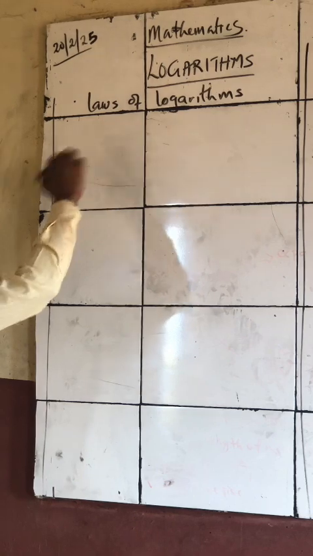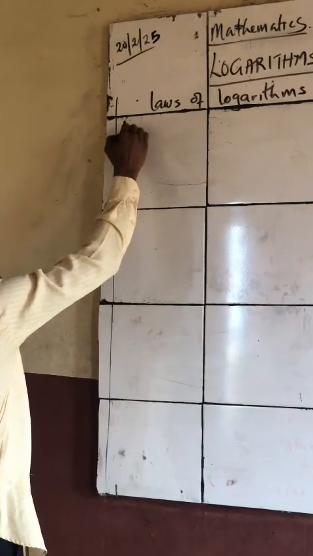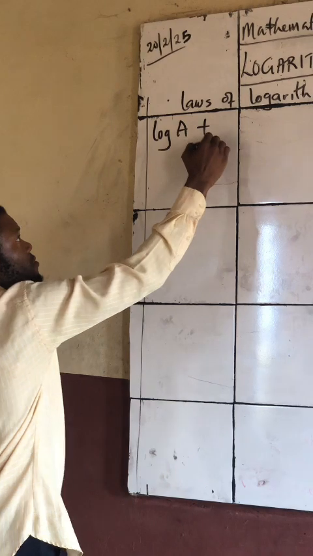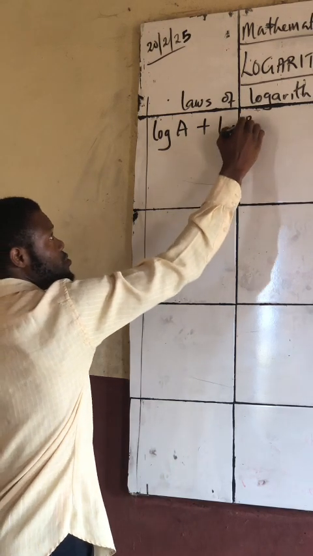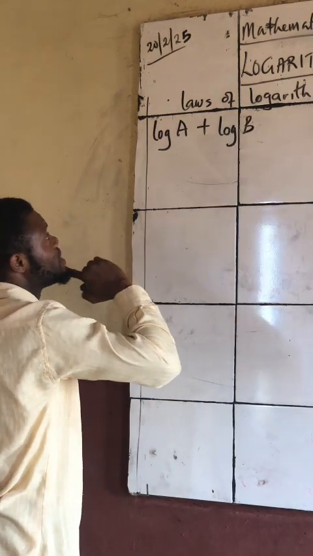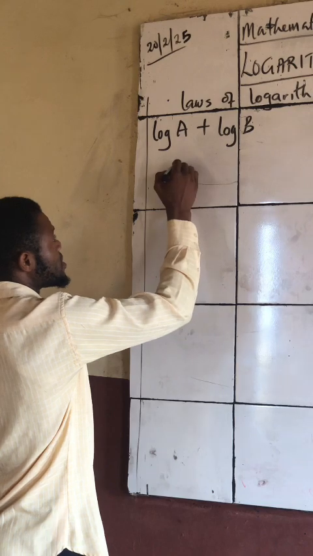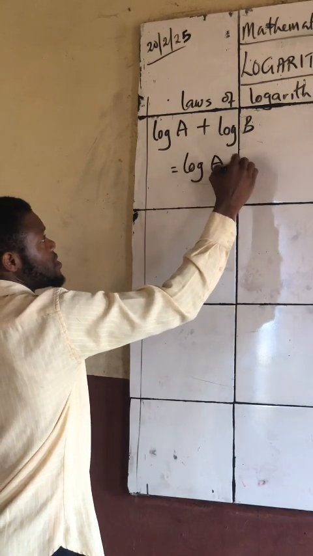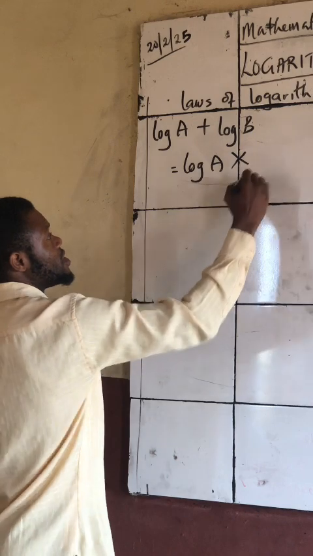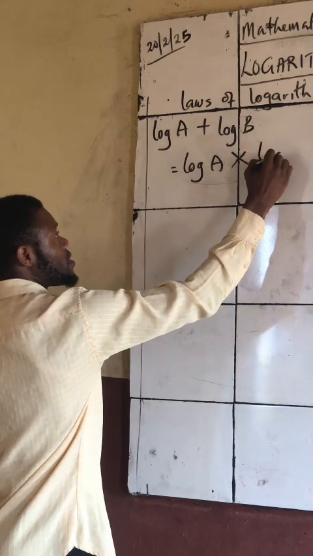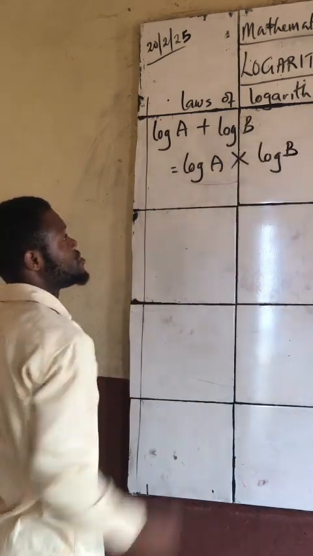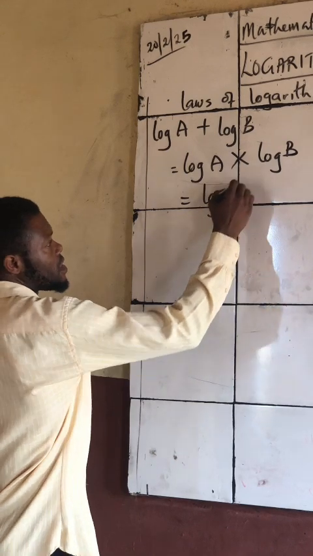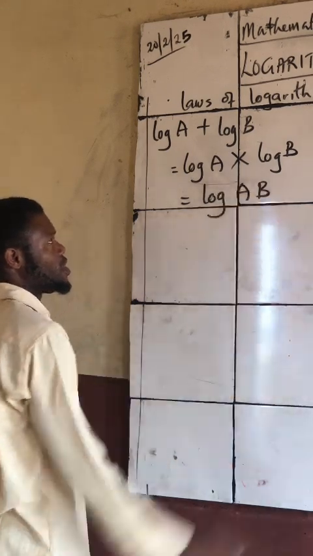That is, when you have log A plus log B, you have it as the same thing as log A times B, log AB.